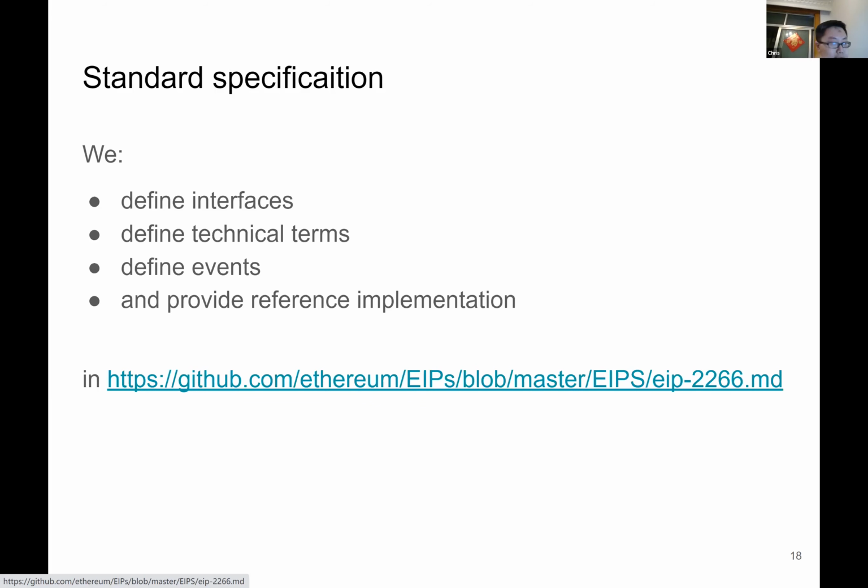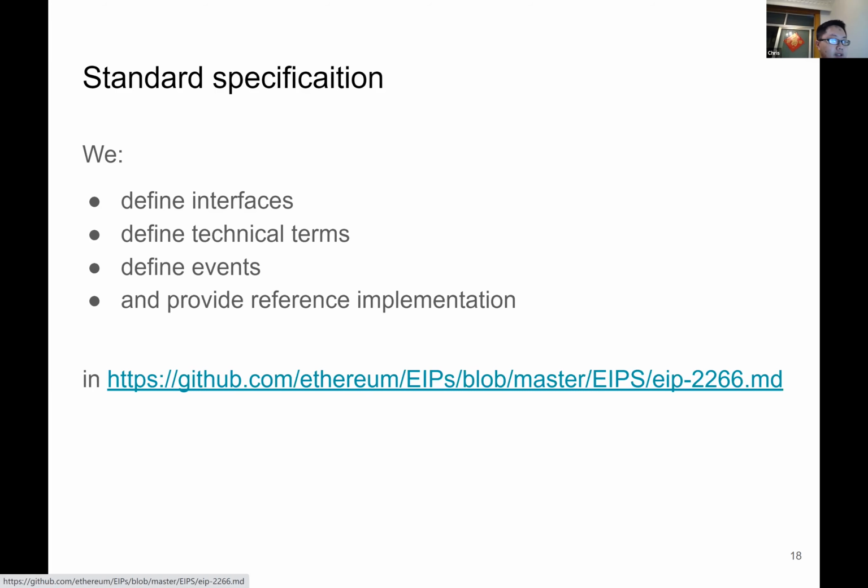By standardizing the protocol, we believe it helps atomic swap be more used, which makes cross-chain exchange more decentralized because you don't need a trusted third party.